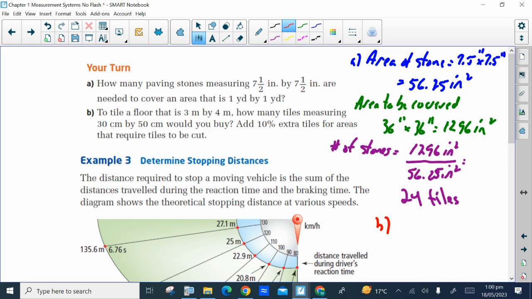I'm going to convert the area of the floor to centimeters. 3 meters would be 300 centimeters. So this first thing is the area of the floor. It'll be 300 centimeters times 400 centimeters because there are 100 centimeters in a meter.